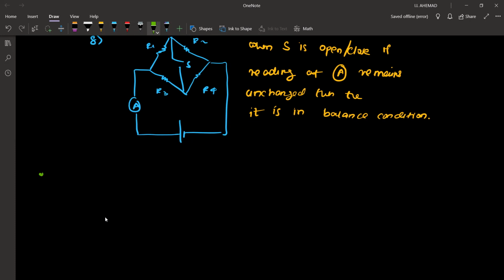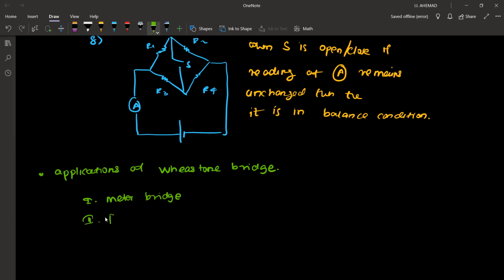And write down applications of Wheatstone bridge. Number one, meter bridge. Second, potentiometer.